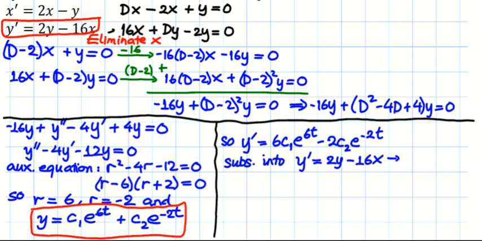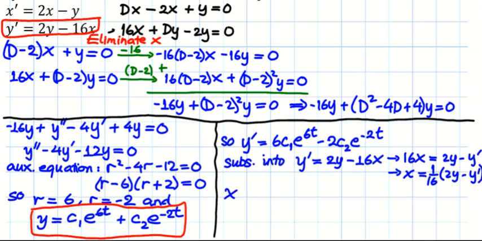Moving 16x to the left side, we have 2y minus y prime, and x will be 1 over 16 times (2y minus y prime).